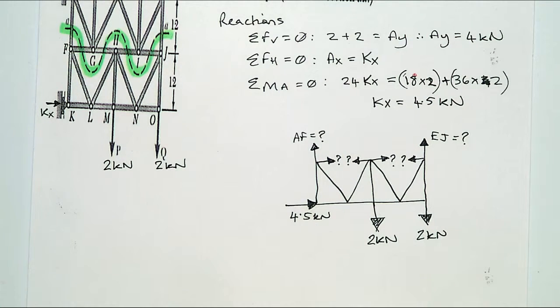And all we're left with is AF on the end and 3 forces. Now that's where it becomes clear and apparent how you do this question. But it's a difficult question to get your head around.